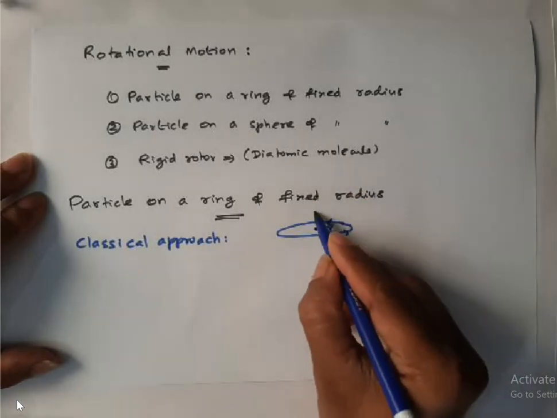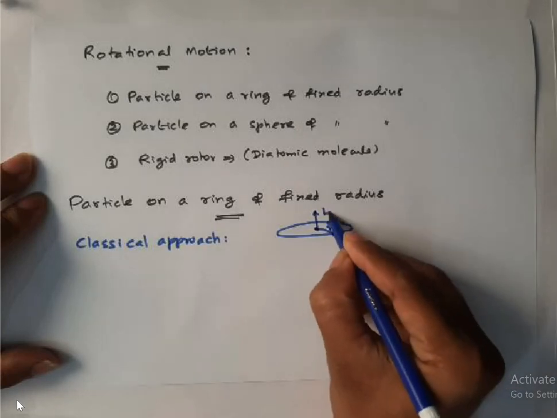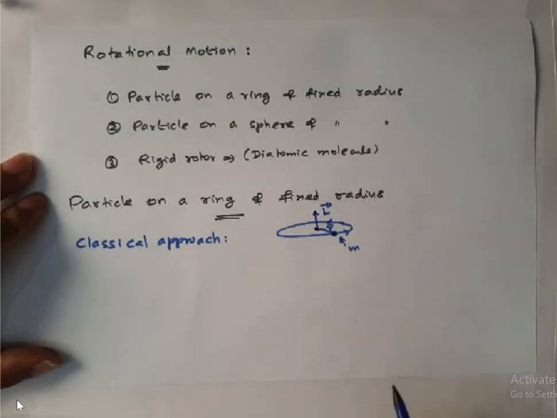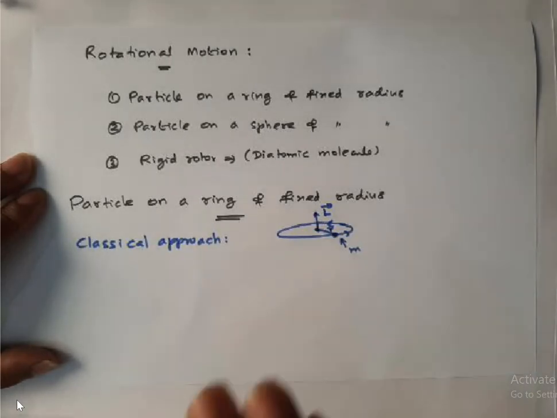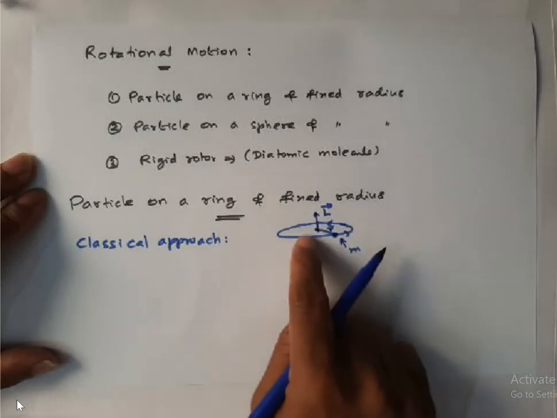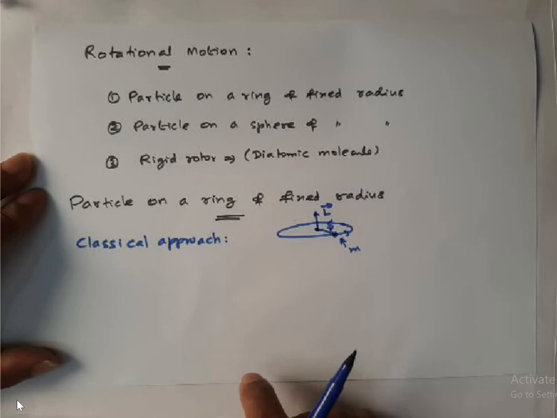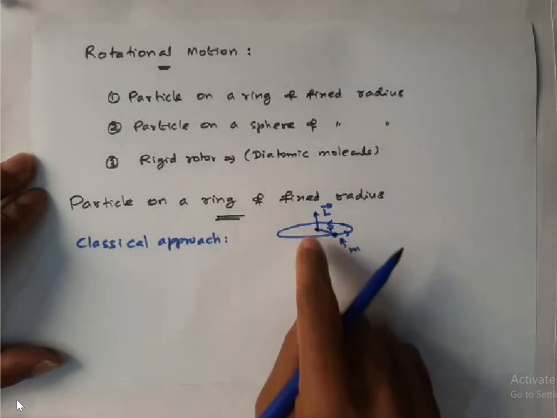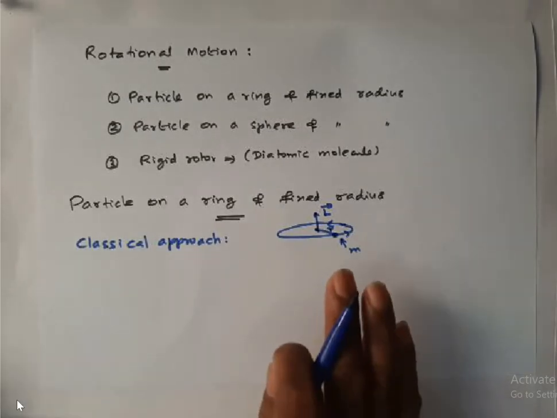Angular momentum is a vector, so you'll get angular momentum at the center. For the particle moving around this center point, angular momentum will appear at the center. It is called body space fixed coordinate system. Let us not go into that. It's a very simple one to handle.